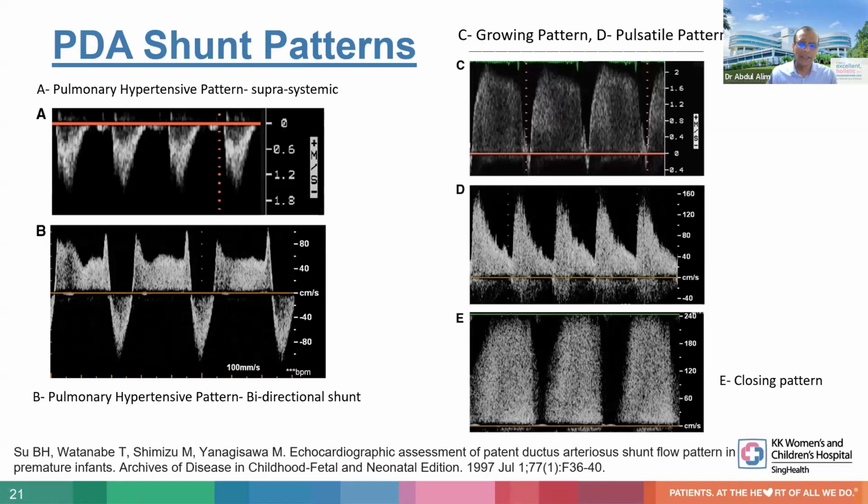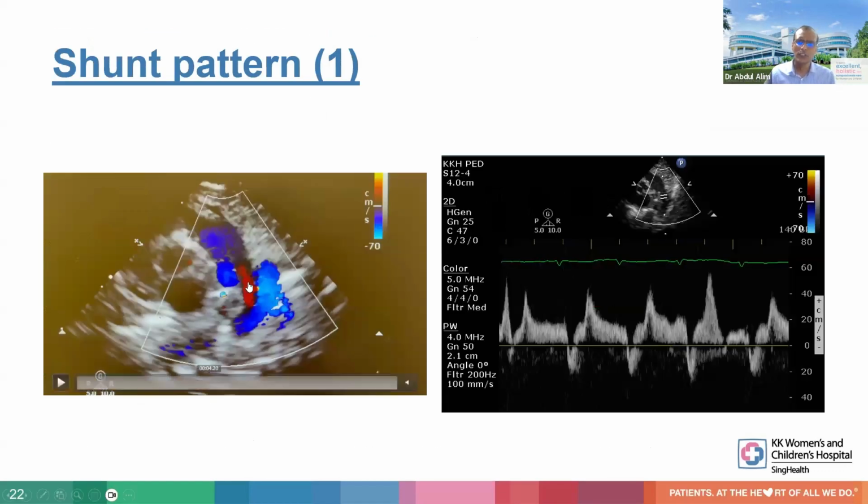Typically the ductal flow pattern is divided into pulmonary hypertensive pattern, growing pattern, pulsatile pattern, and closing pattern. Even within these 4 patterns of the PDA, there are a lot of different subtypes, of which I will show some examples. So this is the first pattern, which we'll call a pulmonary hypertensive pattern.